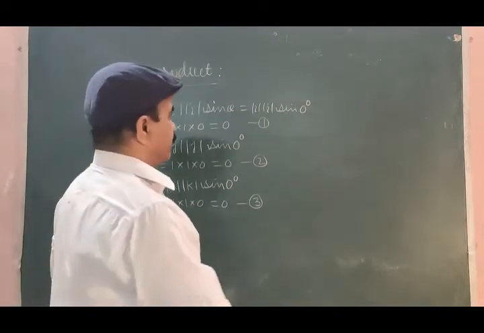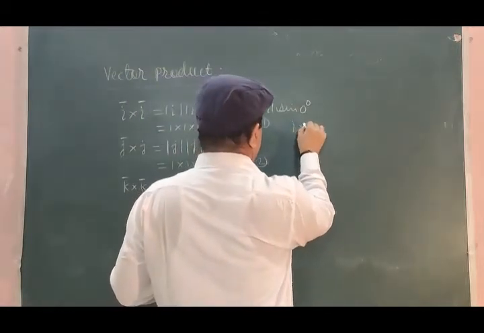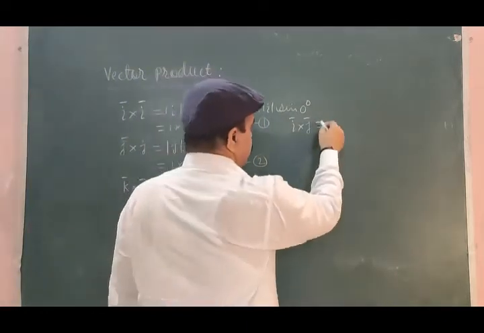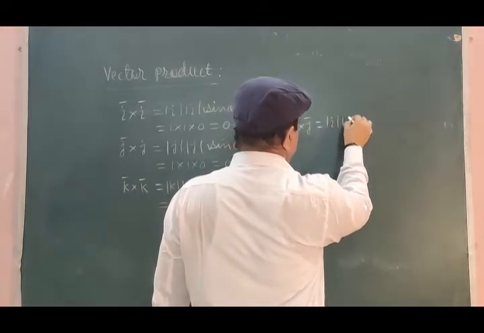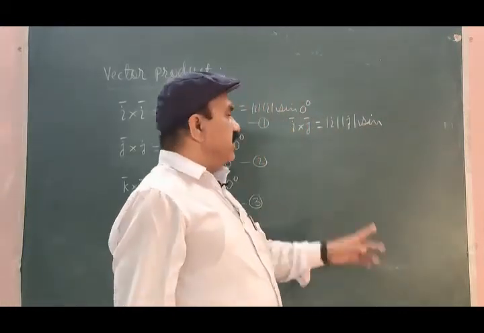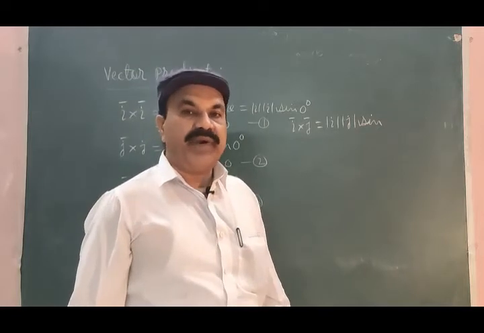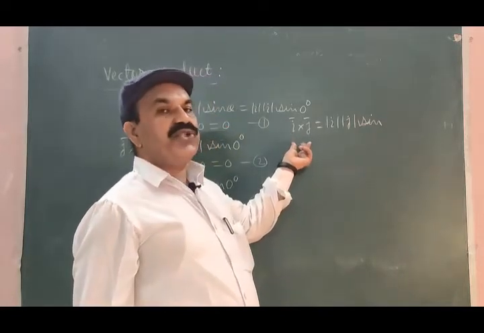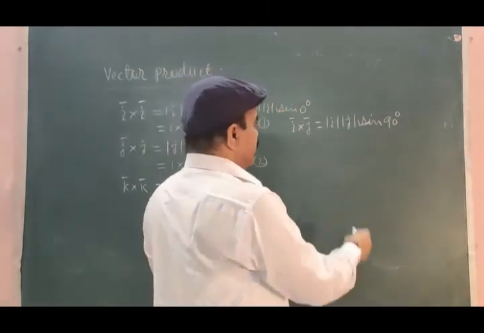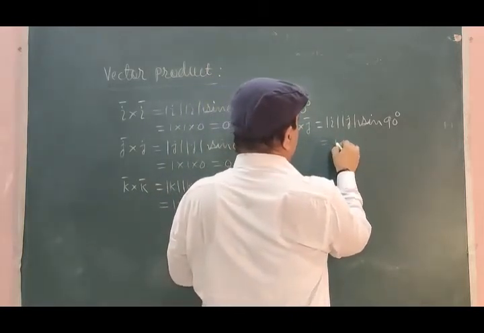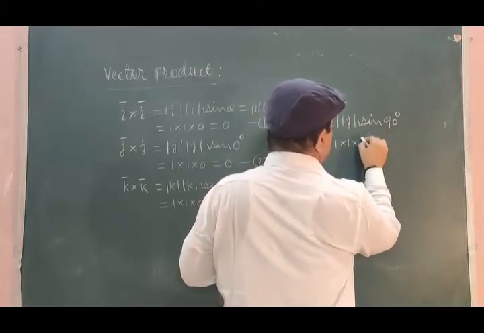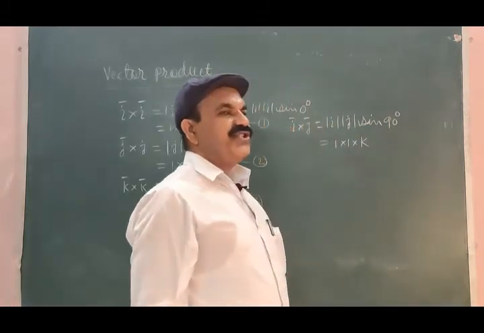Let us go for the others. i cross j is magnitude of i into magnitude of j into sine of the angle. i and j are perpendicular to each other, therefore the angle between them is 90 degrees. This is 1 into 1, and what comes is k.